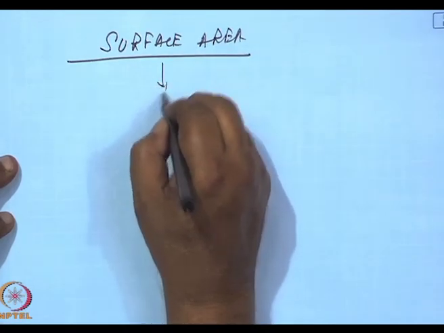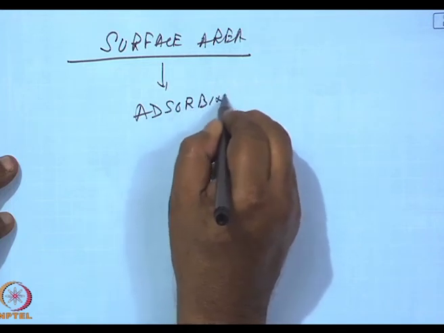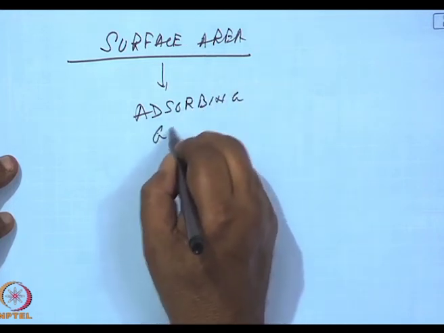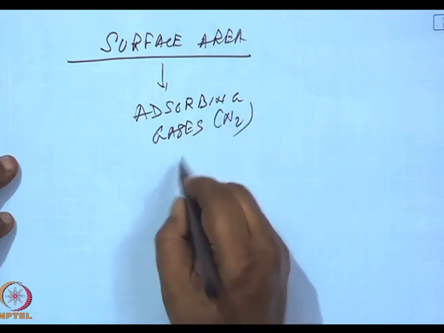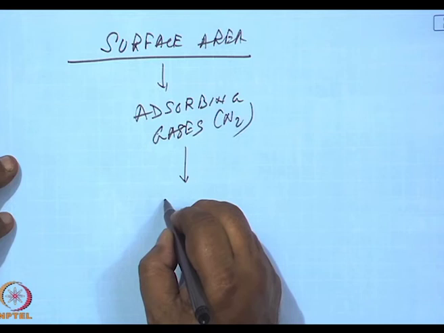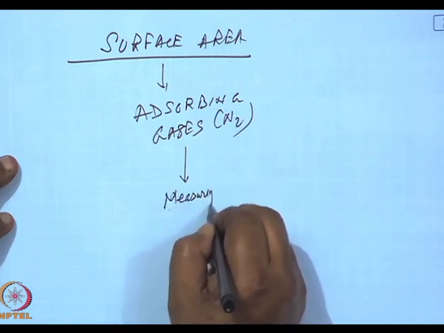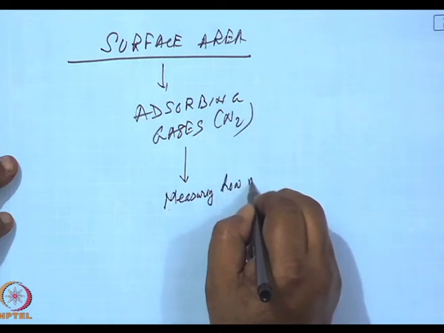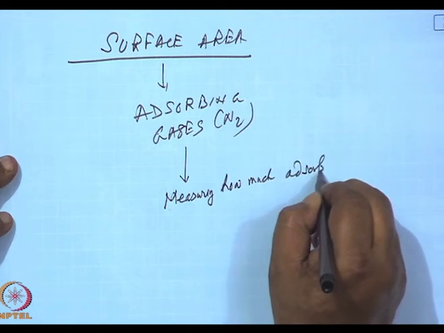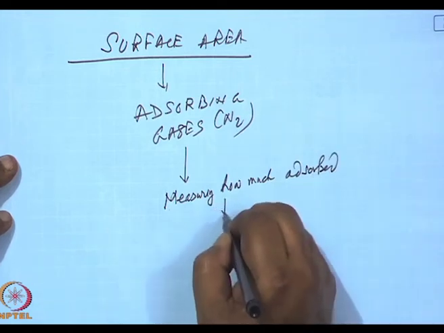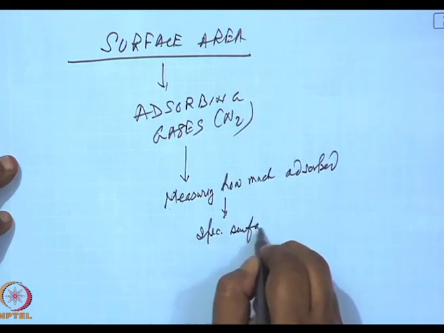This is done by adsorbing gases like, say, nitrogen and measuring how much is adsorbed, and from there the specific surface area.